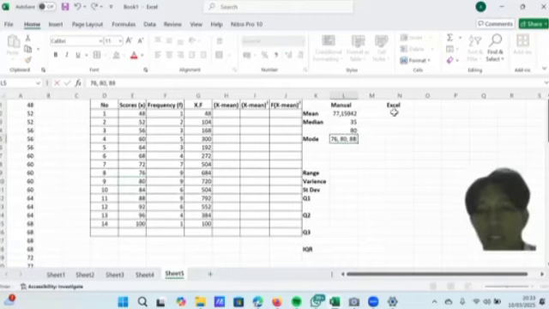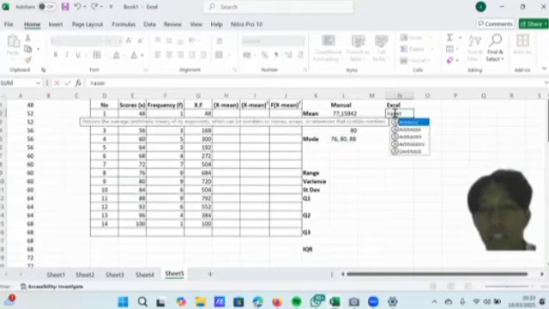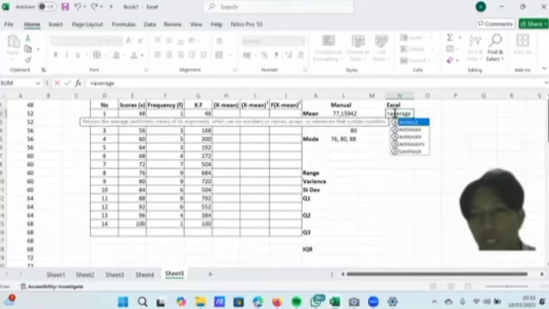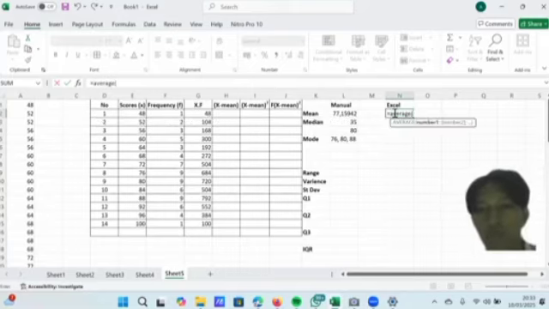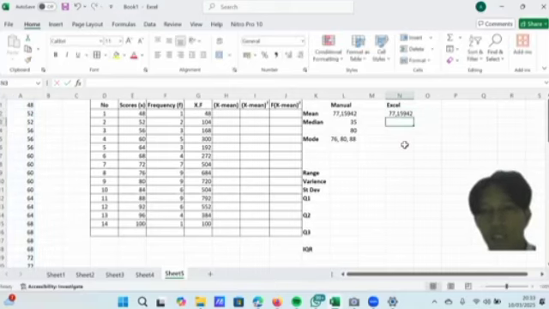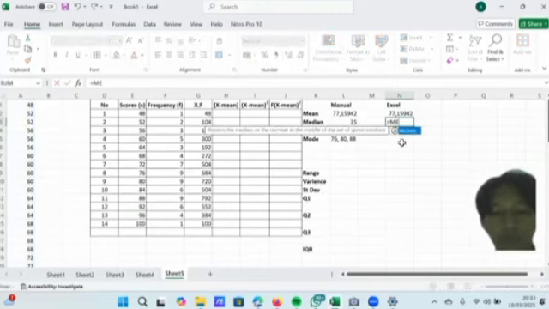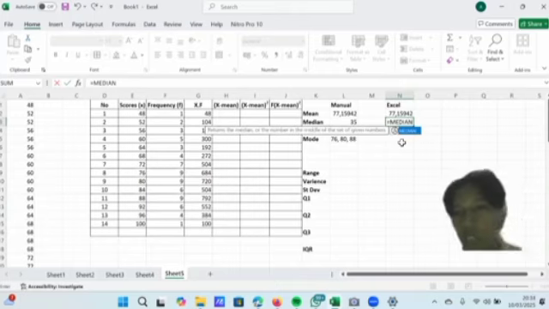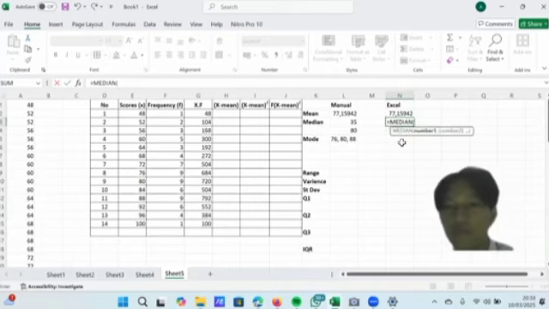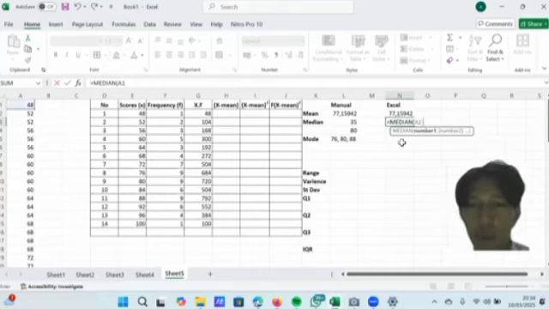And after that, we are going to prove it with the Excel formula, which for the mean is AVERAGE and all the data. And then median is MEDIAN, and all the data.